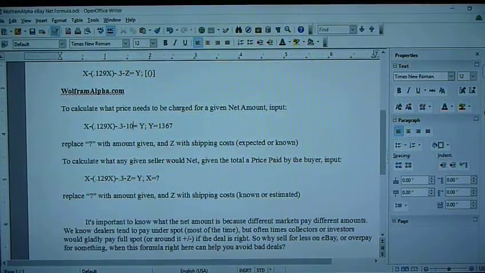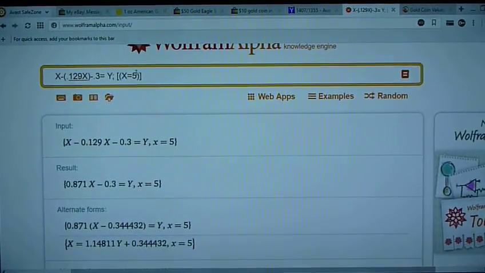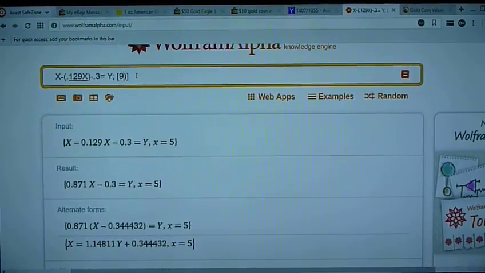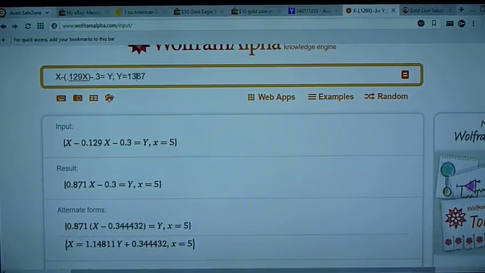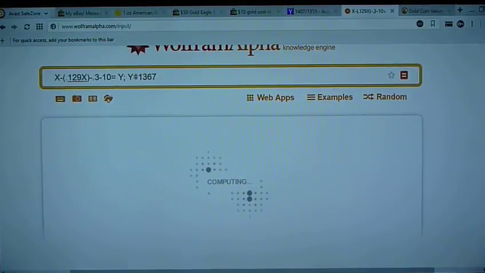And so I go over here to Wolfram Alpha and I punch that in. I want y, the net amount, not the amount paid, not x. Y equals $13.67. And let's say z is going to end up being like $10. My shipping costs are $10.